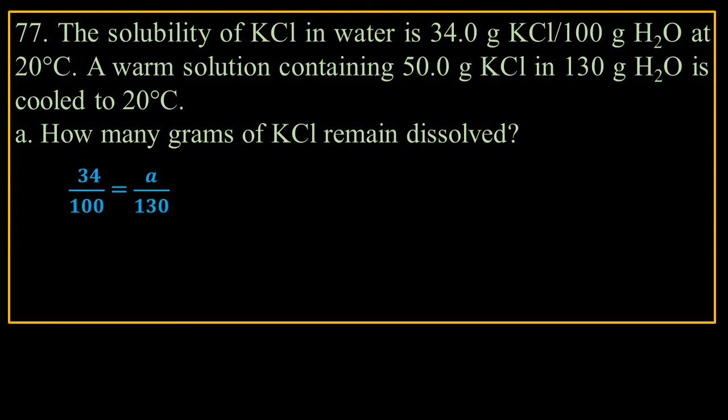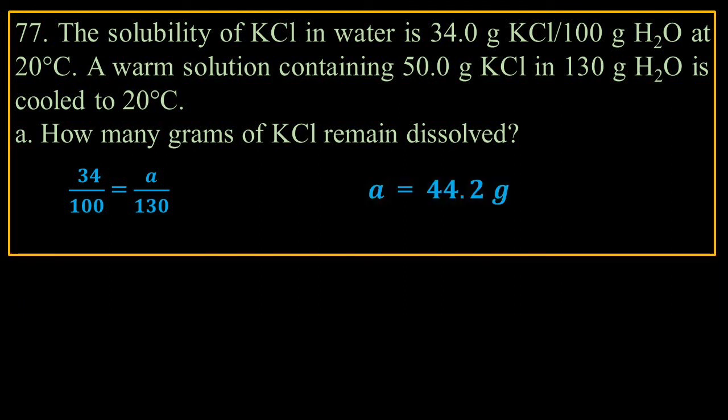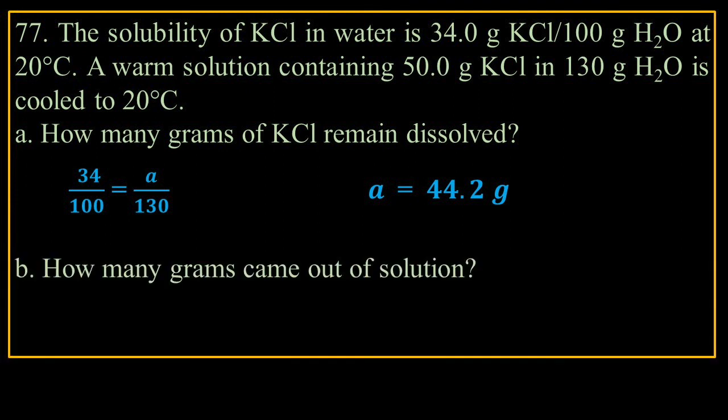So let's set a proportional relationship. 34 over 100 is A over 130. So that means that A equals 44.2 grams. So I can fit 44.2 grams there. How many grams came out of solution? Well, it's going to be 50 minus 44.2, which is 5.8 grams.